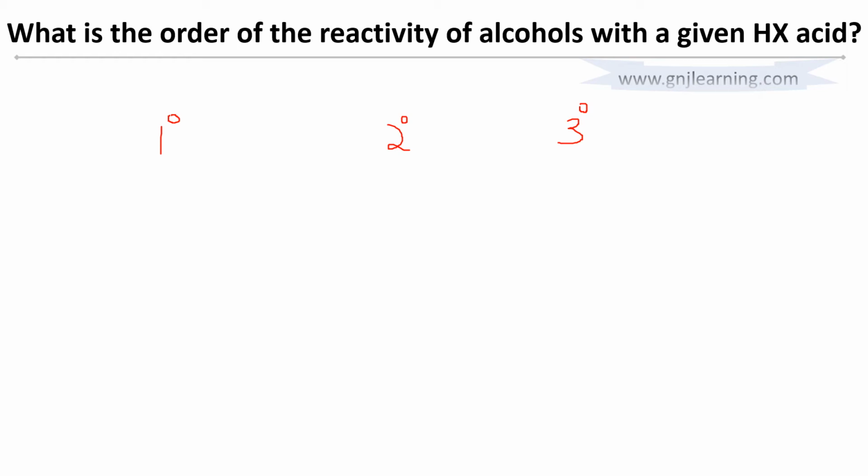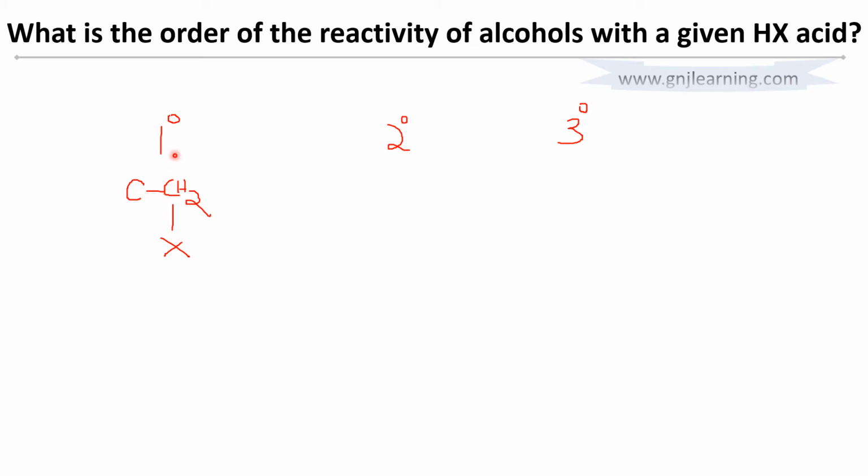So how will the primary look? It will look like this. The X, the halogen group, is attached to a carbon that is attached to another carbon. So it has only one C-C bond on it.